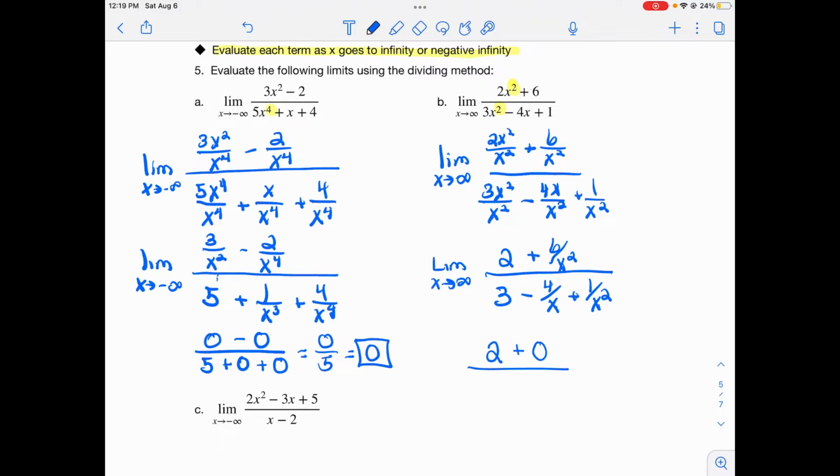The limit as x goes to infinity of 3 is 3. The limit as x goes to infinity of 4 over infinity is 0. And the limit as x goes to infinity of 1 over x squared, so that's 1 over infinity, which is also 0. So our answer is going to be 2/3. That's what our limit is equal to.